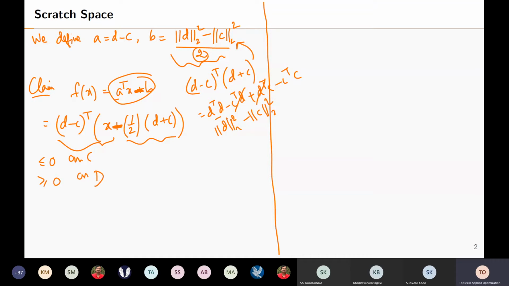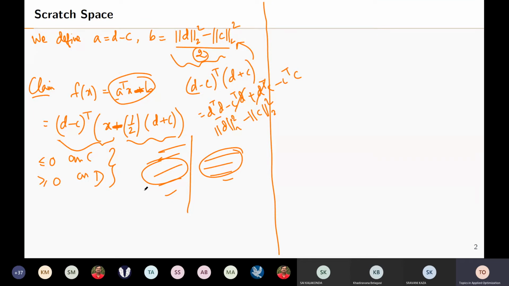I can take a minus of that, it doesn't matter. But I can surely work with plus also, and it should not break the proof. So this is what we want to prove: this is on the left side, so it is less than or equal to 0 on C, and this is greater than or equal to 0 on D.